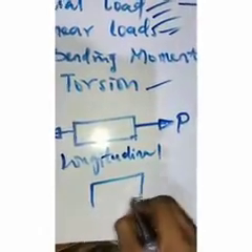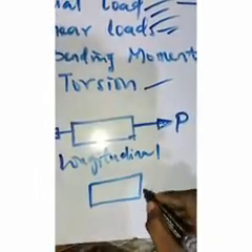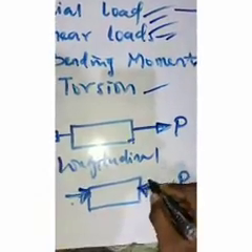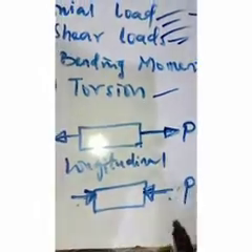Now, if this load is being compressed, that is, it tends to shorten the length of the member, let's say another force P acts from the other side, so it tends to shorten. So I compress this together.